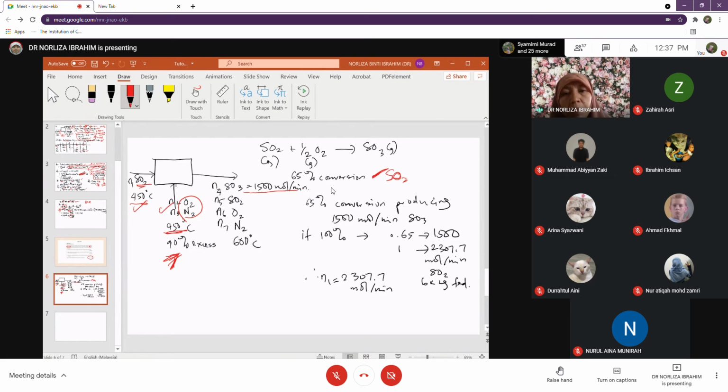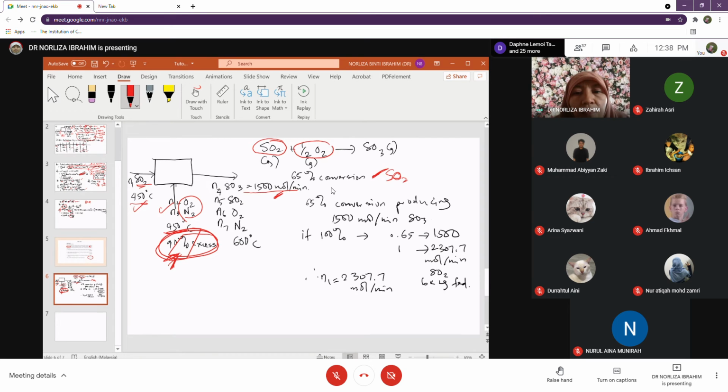In this case, SO2 is your limiting reactant. Oxygen for sure is in excess because it is mentioned here, 90% excess is being fed. So SO2 is your limiting reactant.